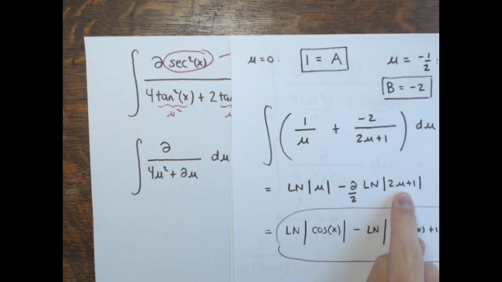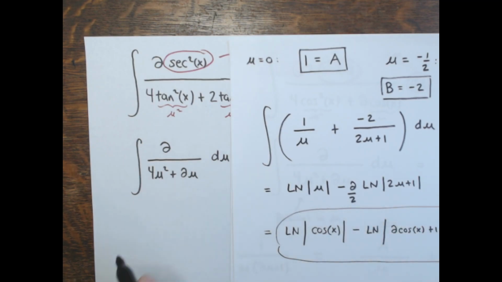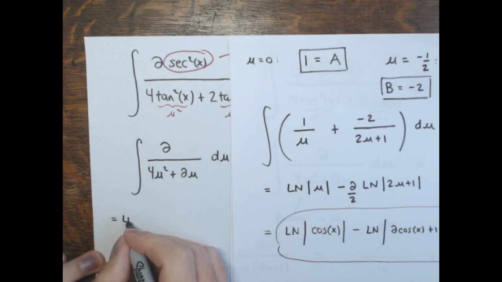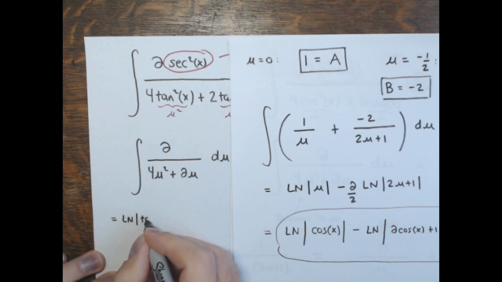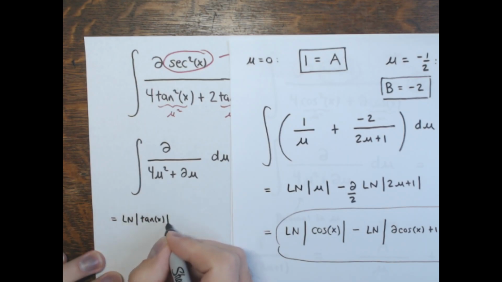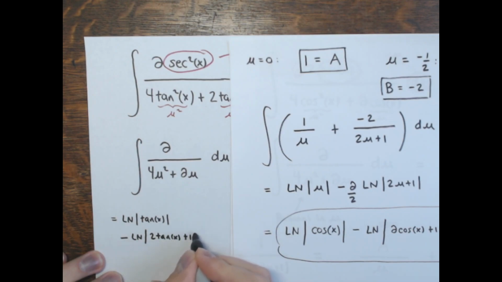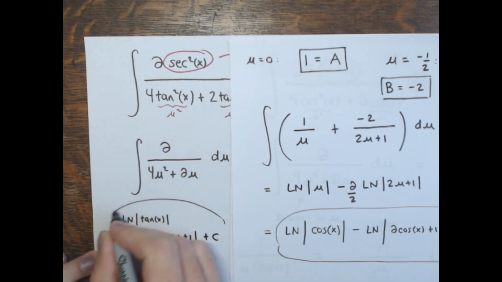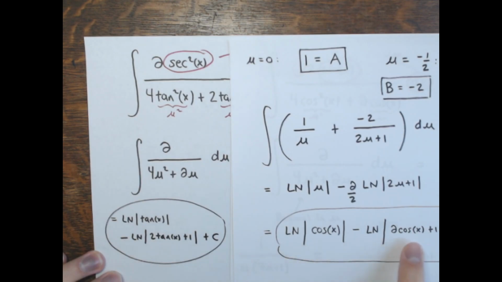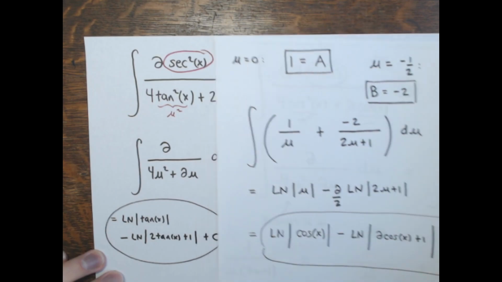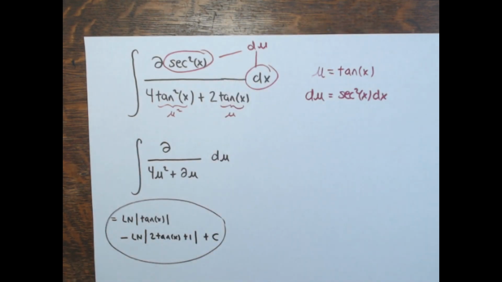But here, u is tangent. So this ends up being the natural log of the absolute value of tangent of x minus the natural log of the absolute value of 2 tangent x plus 1, and then plus some constant, okay? Earlier u was cosine, here u was tangent, but I ended up with the same exact rational integral. So I'm just going to type this in.